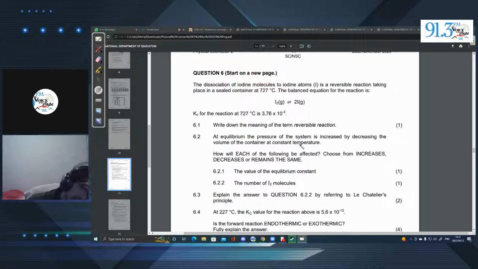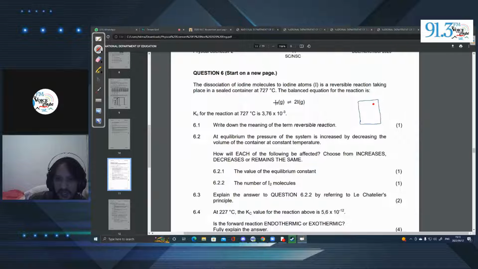Now we need to think of what's happening here, right? What essentially is happening is they're telling us they're increasing the pressure of the system. So we have some sealed container, and in the container, I'll use different colors for this, let's say we have iodine.